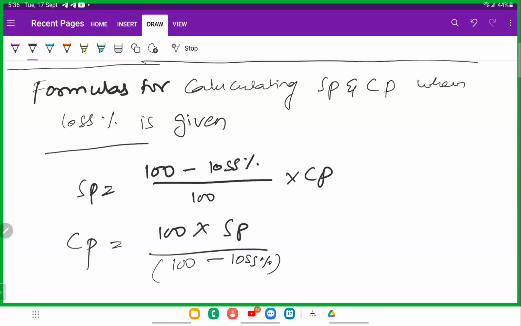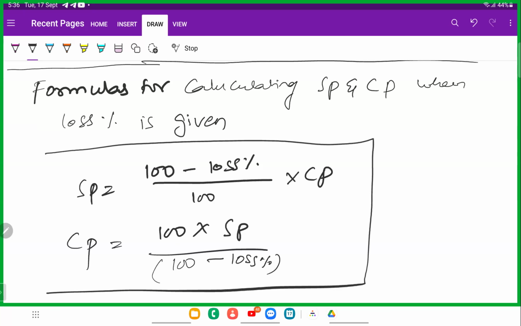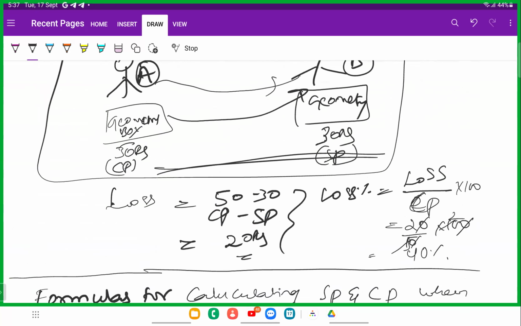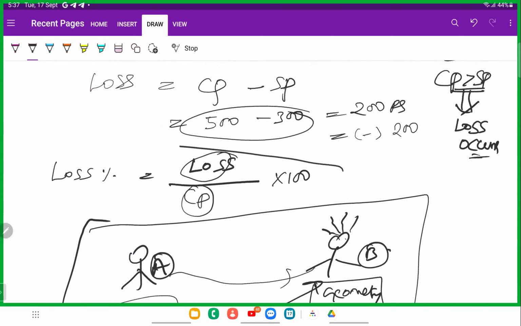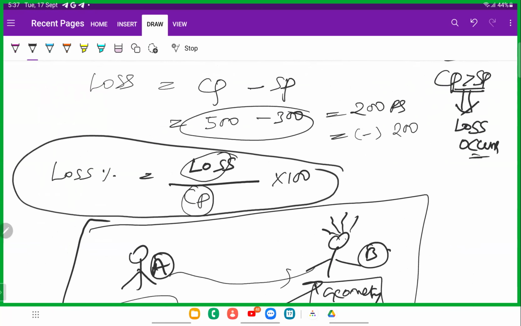So these are the two ways we calculate selling price and cost price when loss percent is given. These formulas are not rocket science. We actually derived them from this formula, that is loss percentage is equal to loss by cost price into 100.